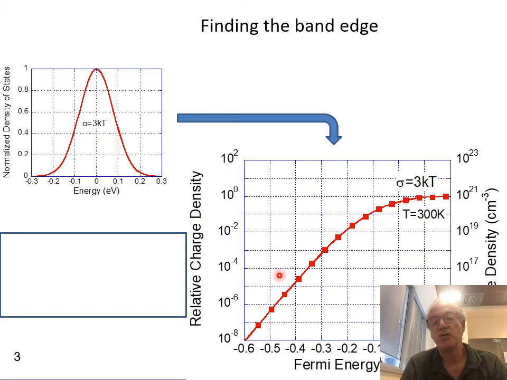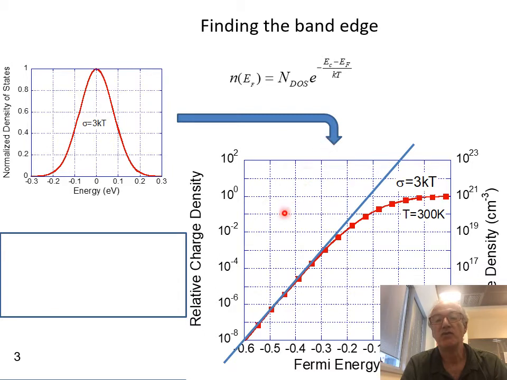However, we don't really want to use the full Fermi integrals, because it's much more efficient or easy to use the Boltzmann statistics. So really what we want is to use this expression, and we want to define EC in this context. So really what we are interested in is the region where we have this exponential growth or exponential decay, and we can see where this Boltzmann approximation is going to hold.